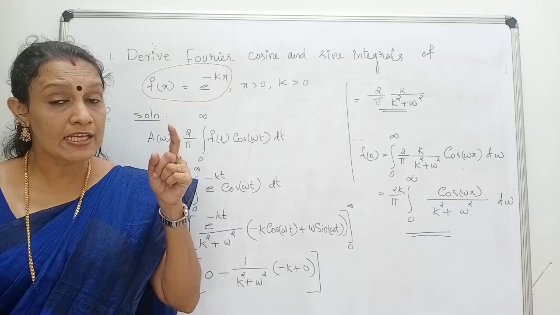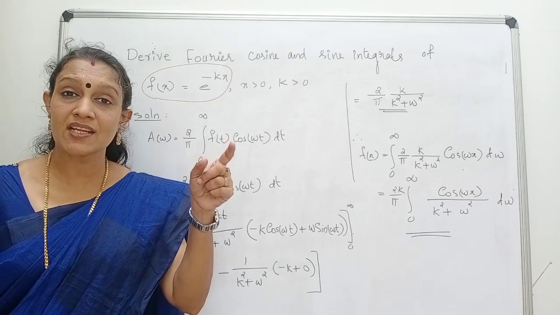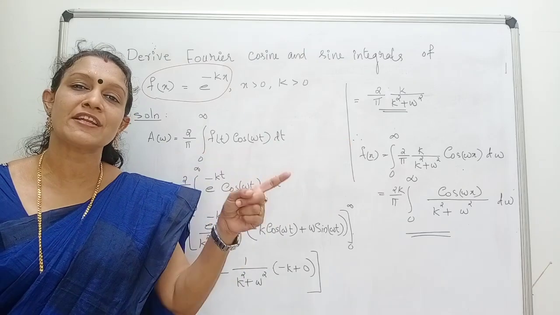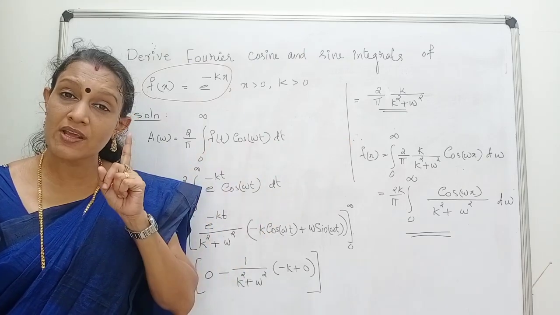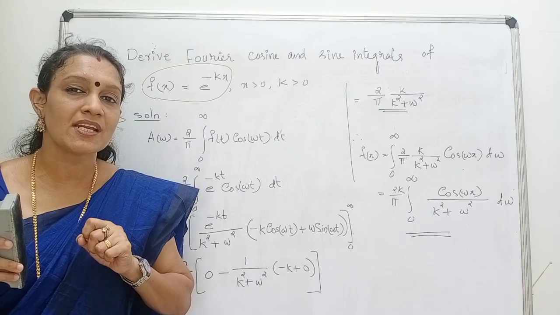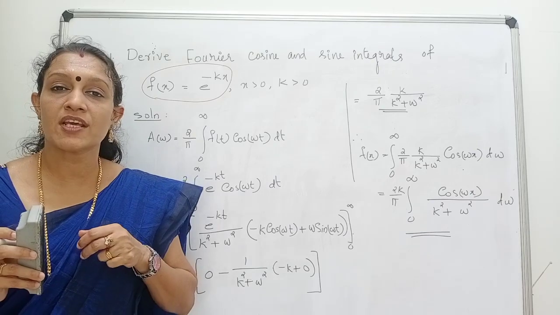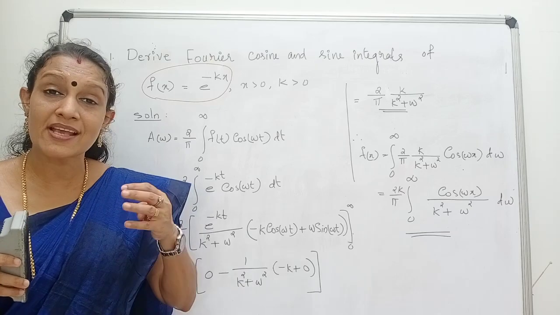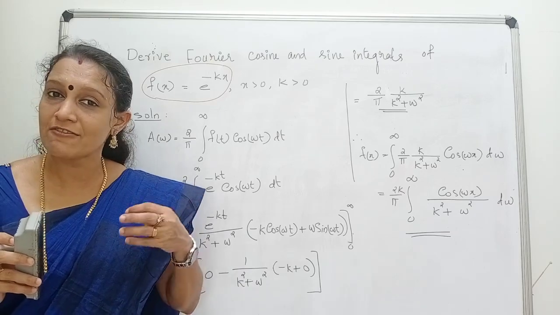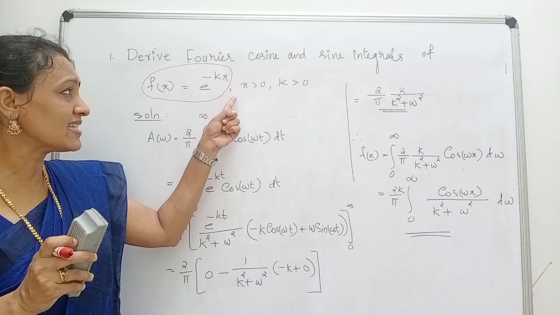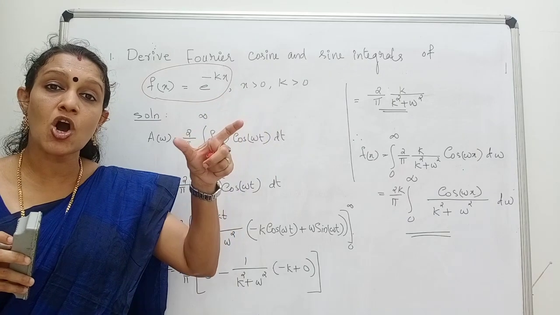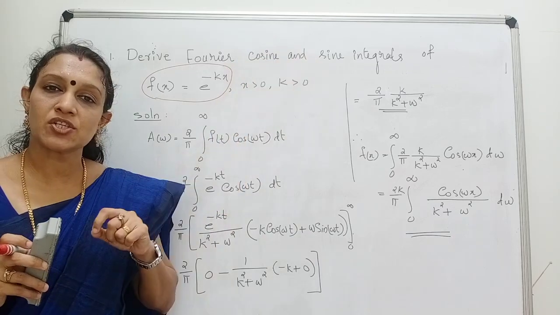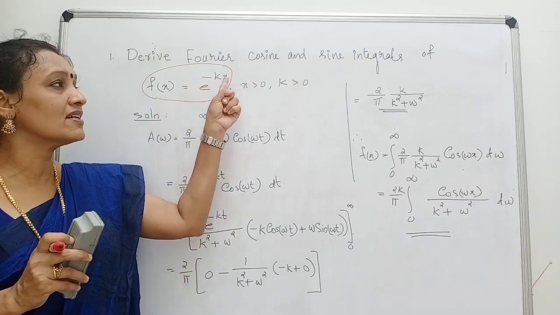If a function is given on the whole interval from minus infinity to infinity, then only one type of integral representation exists, either Fourier cosine or Fourier sine integral, based on whether the function is even or odd. But in this case, since the function is given on a half interval, both the integral representations exist. That is why you are given such a question.